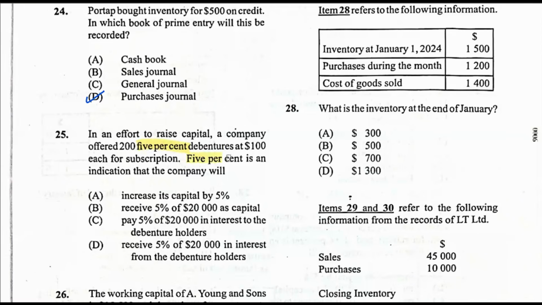Well, this 5% basically means that the interest that will have to be paid will be 5%. Alright, so let's see what's the best answer there, guys. Looking at the answers A, B, C, or D, the answer that says that 5% will have to be paid as interest to the debenture holders will obviously be C. There we go.